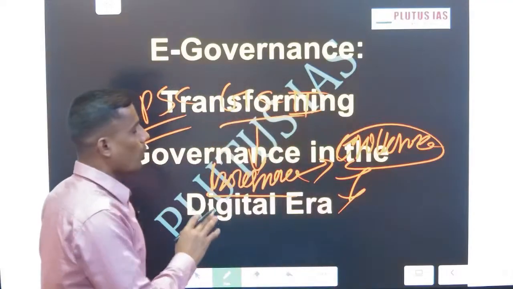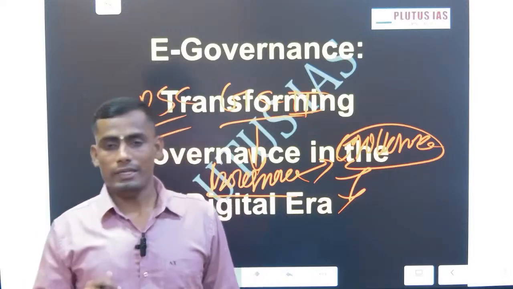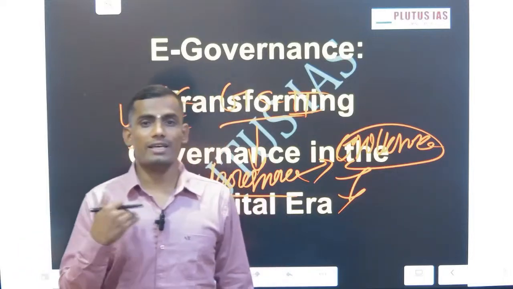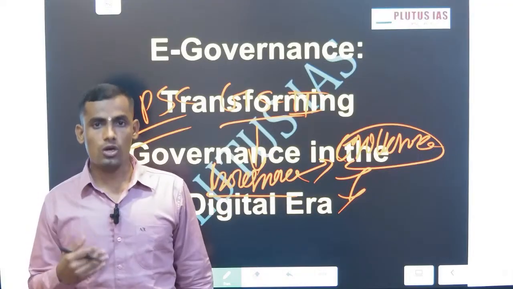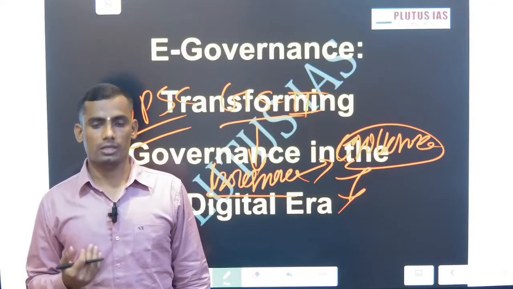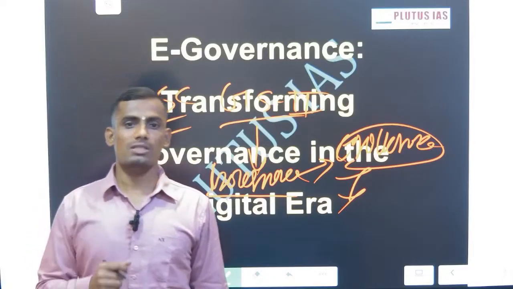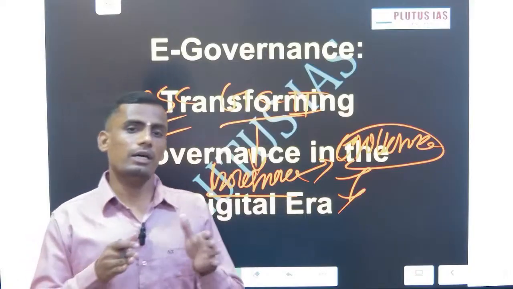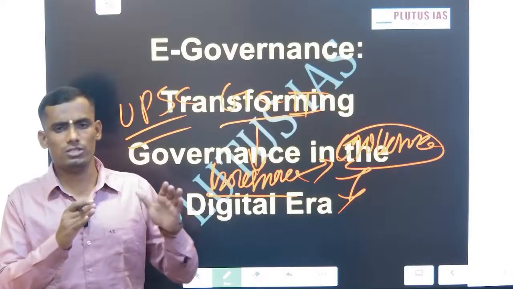So what does e-governance basically mean? As our honorable Prime Minister said, e-governance doesn't mean just digitalization of records. It means the overall comprehensive use of ICT, use of technology for the effective delivery of services. This is just a common definition of e-governance. There is an official definition given by the World Bank and by Niti Aayog, but this is a simple definition you have to remember.